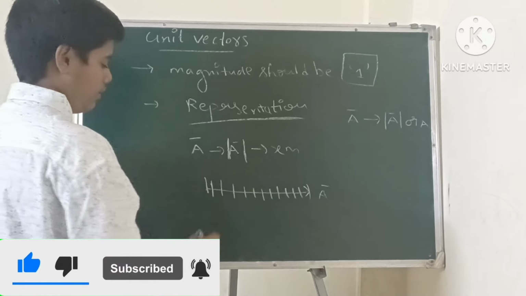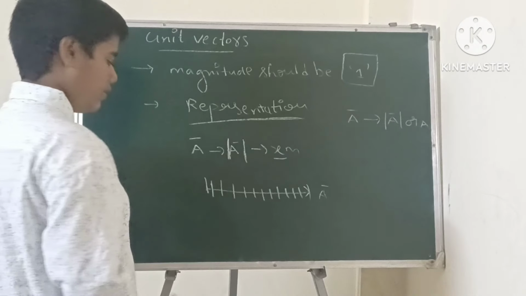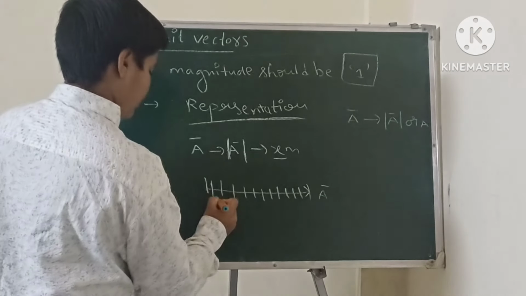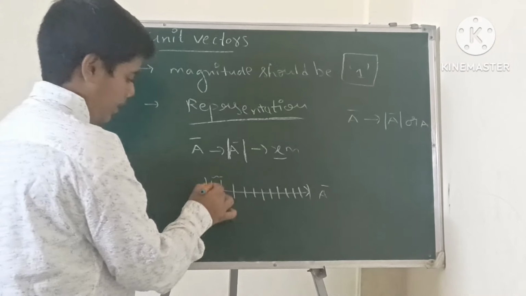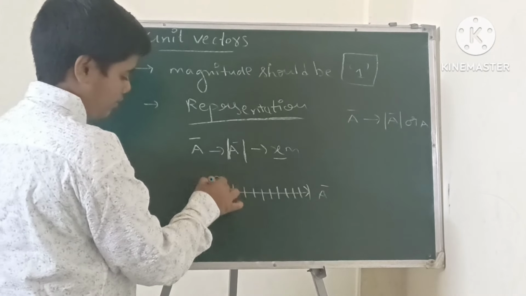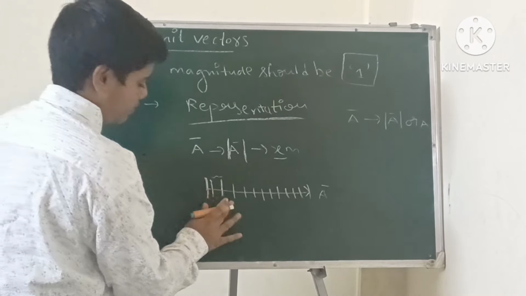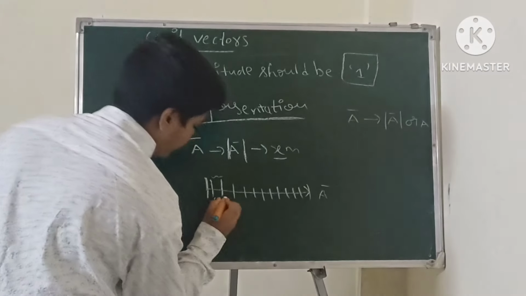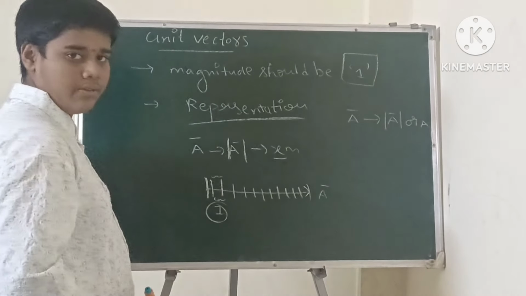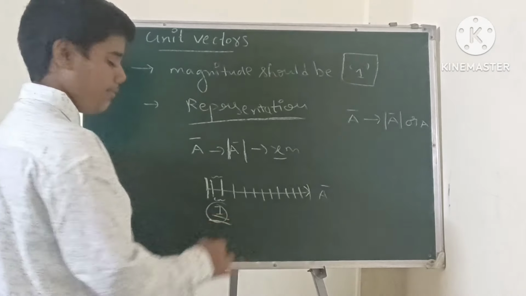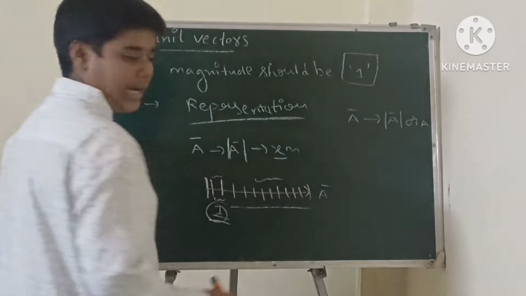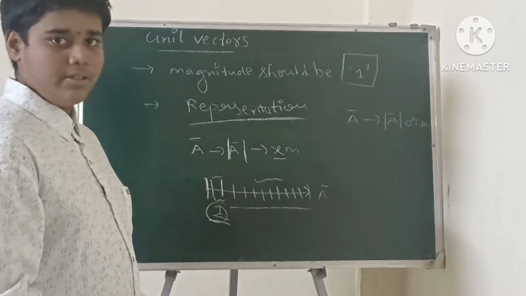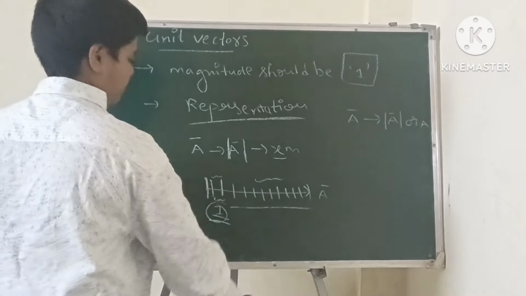I don't know what the value of x is. So this part is a unit vector, which means 1 is the magnitude, and all of these have only 1. We have to divide into 1 only. Okay. So like this we can represent.